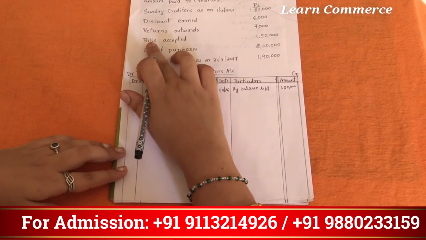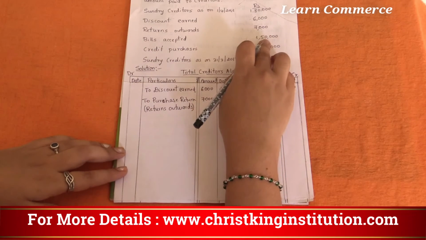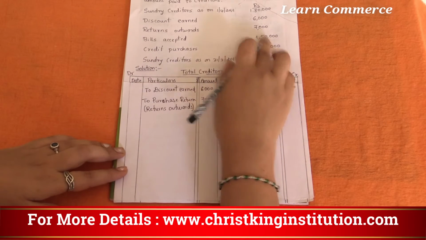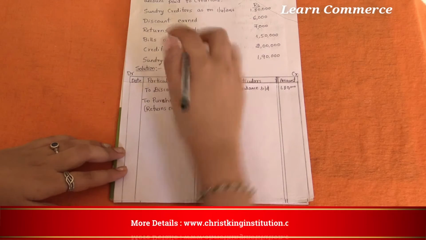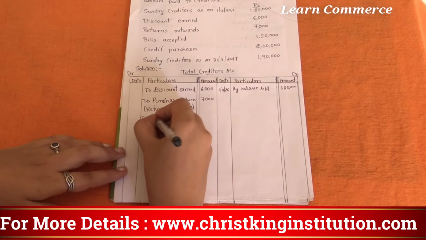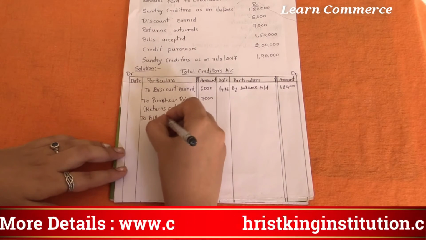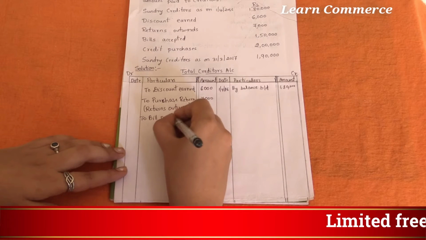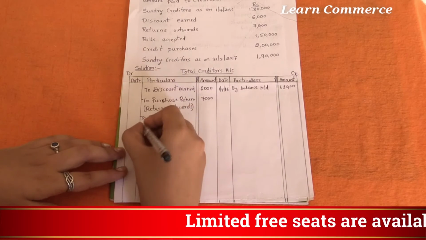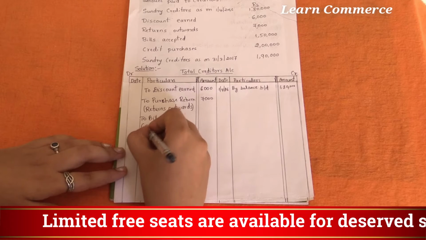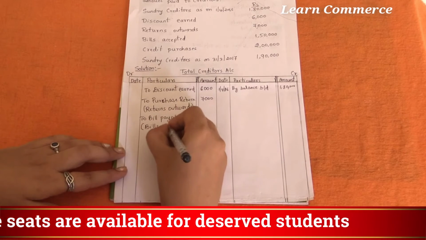Next one, bills accepted 1,50,000. So, this one we should record debit side, that is to bills payable. In creditors we use the term bills payable, bracket bills accepted.